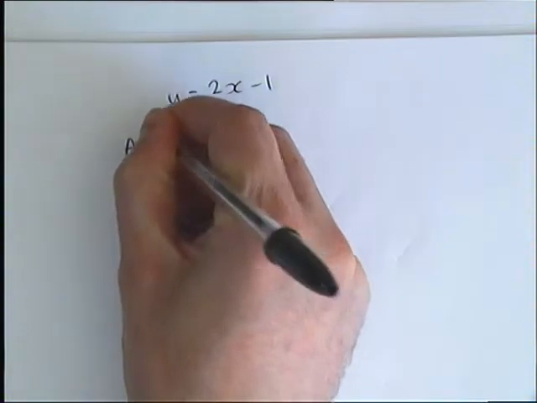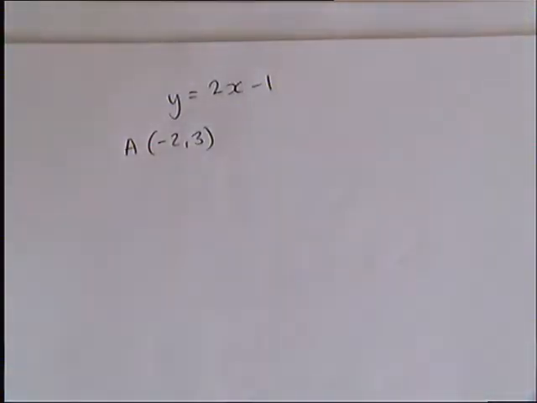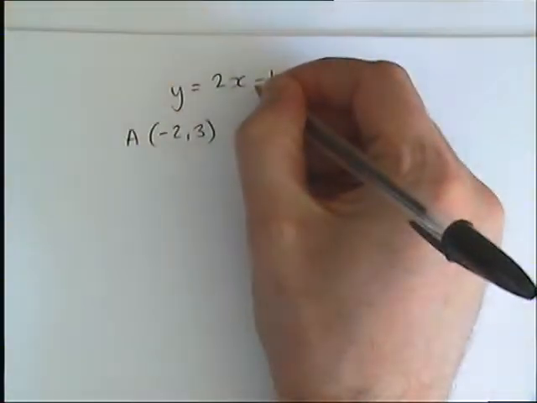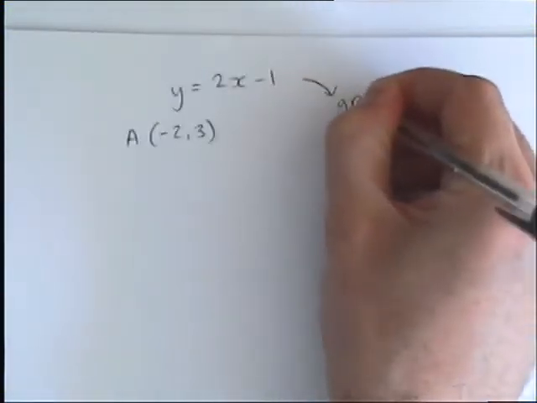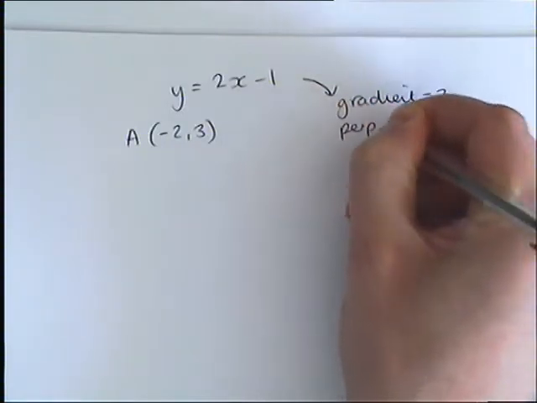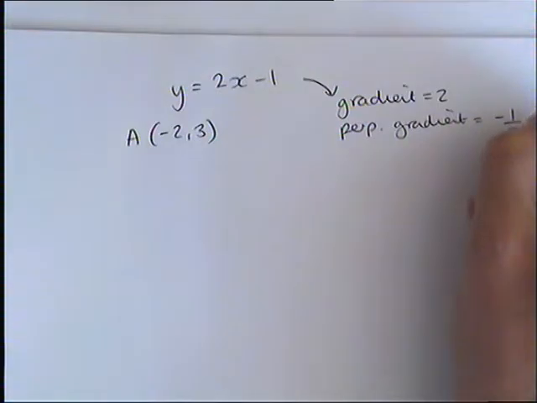So let's just summarize that bit. We've got y equals 2x minus 1, and we've got the point minus 2, 3. And the equation of L2, the line we've got to find, has got to be perpendicular to this one and pass through that one. So the gradient of this one being 2 means that the perpendicular gradient is that negative reciprocal, minus a half.